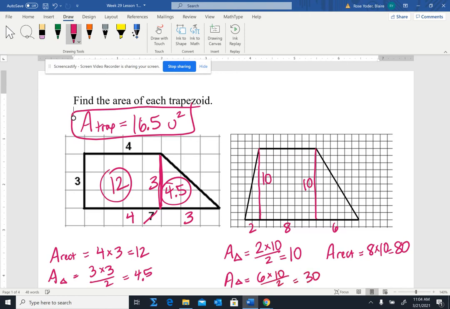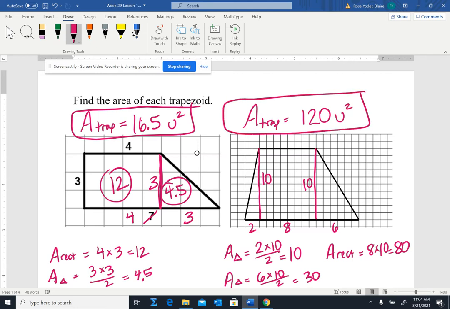That's 30. So the area of this trapezoid is what you get when you combine the 2 triangles and the rectangle. So let's see, 10 plus 30 is 40. 40 plus 80 is 120. So if we counted up all those squares and put together pieces when we had partial squares, we would get 120 full squares in there.